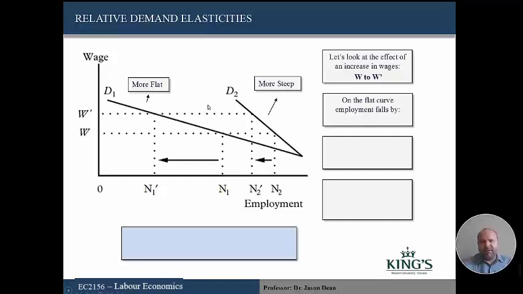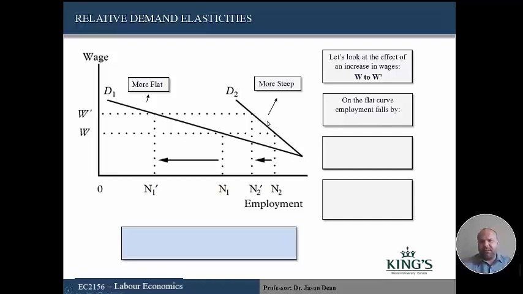Now, if we look at the flat curve, how much does labor change? Well, if the wage increases from W to W prime, the amount of employment is going to change from N1 to N1 prime. So it's going to fall quite substantially.